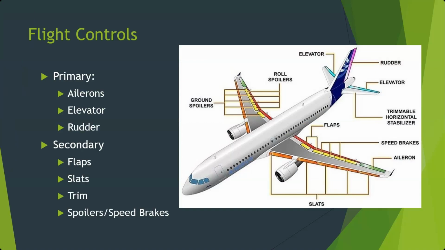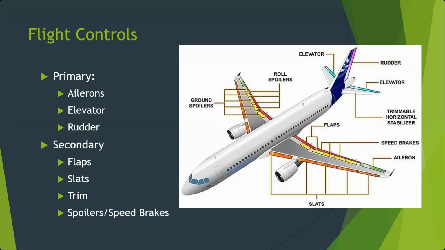The other type are spoilers, and this aircraft shows roll control spoilers, or roll spoilers, as well as ground spoilers, and some of them are doing both jobs. Ground spoilers are tied into the weight on wheels switch and deploy across the entire width of the wing, typically on both sides, when the weight on wheels sensor is triggered, when the aircraft gear is compressed by the aircraft touching down.